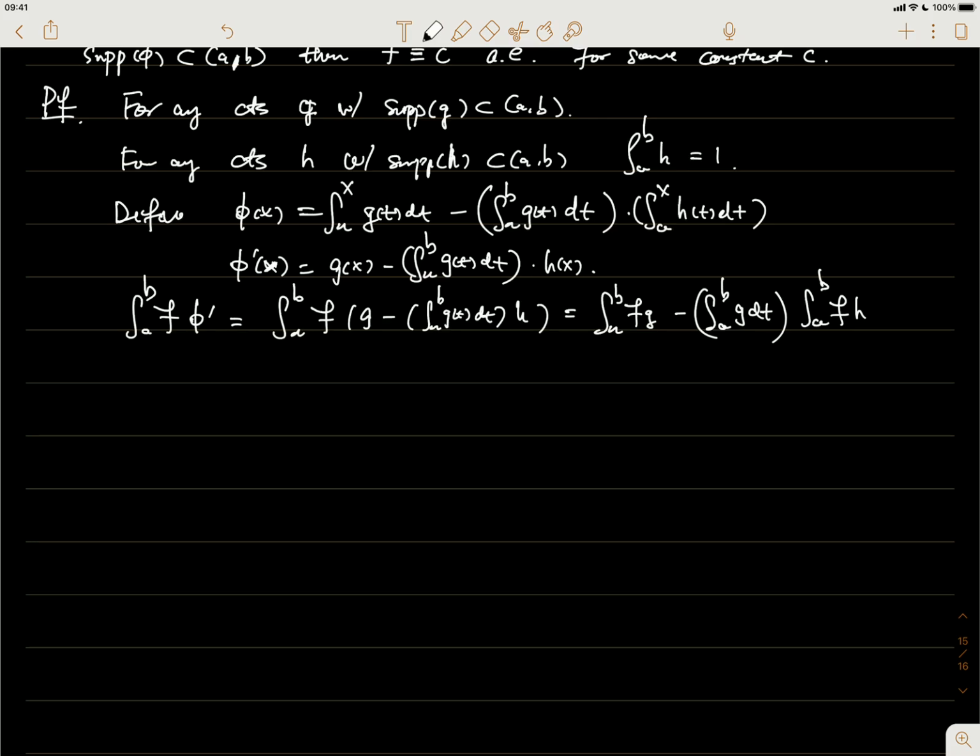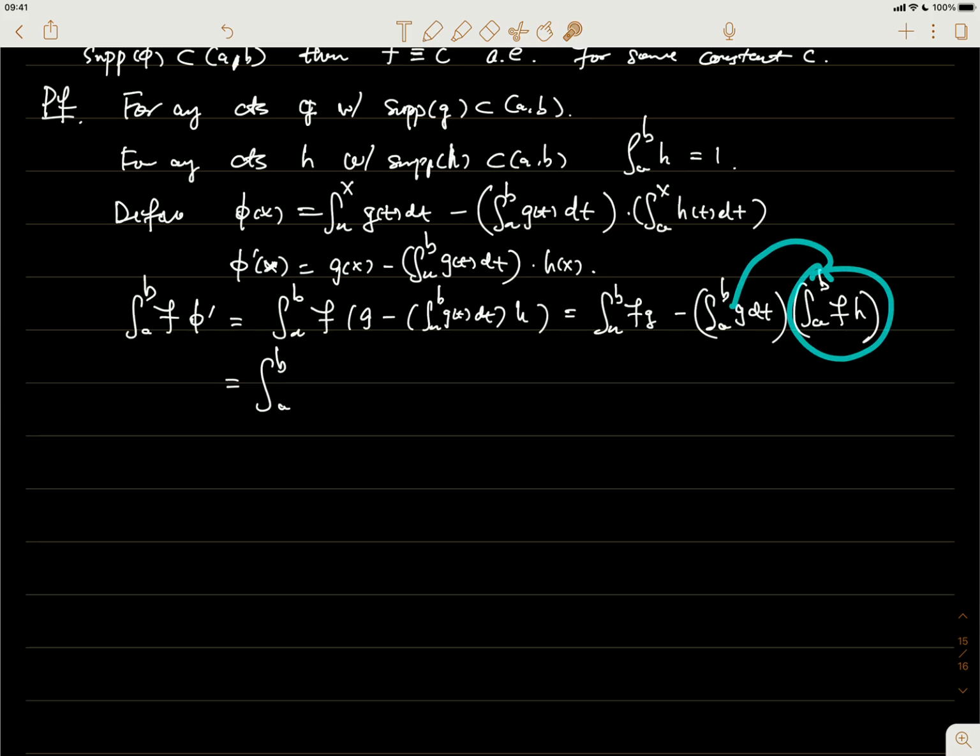Okay, and what do we know about it? It's equal to 0. But before that, let me just do one more thing. This is equal to an integral, because both of them have this f and they have the g, and the other one has this h, but I have this constant multiplied to h. Sorry, I can pull out the g instead of f. So this is a constant, which I'm going to put together.